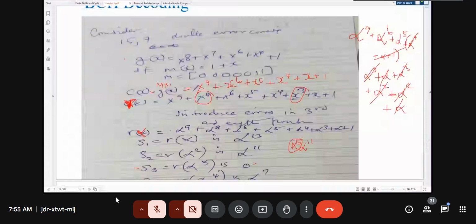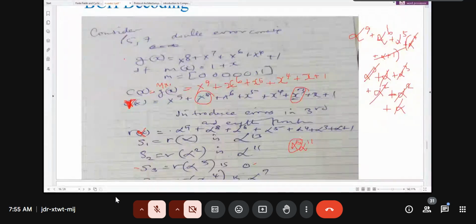Before we proceed, because it's going to be very difficult to understand if you don't understand that part. We are saying this is a general polynomial, and we picked just one case where the message is 1 plus x, or rather x plus 1, which is this message. Because remember, these are 15, 7.